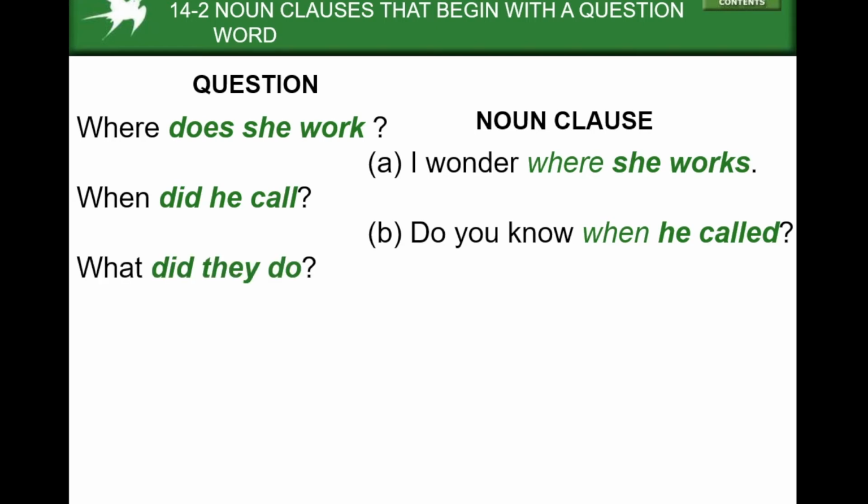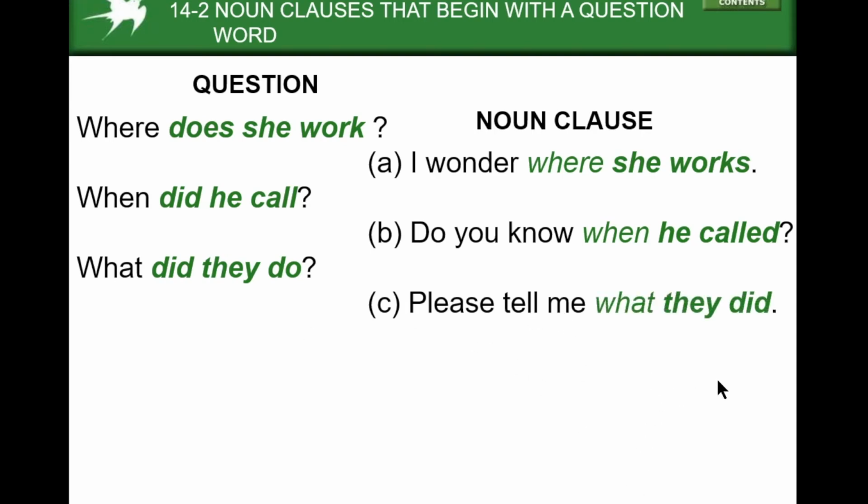Let's look at the next example. Our question is, what did they do? And our noun clause, please tell me what they did. Again, we have the question word order, what did they do?